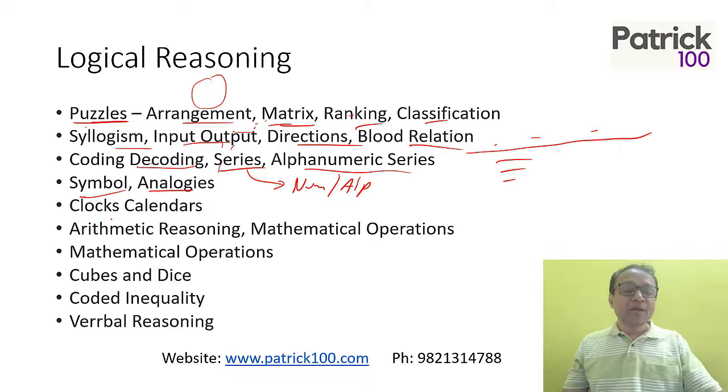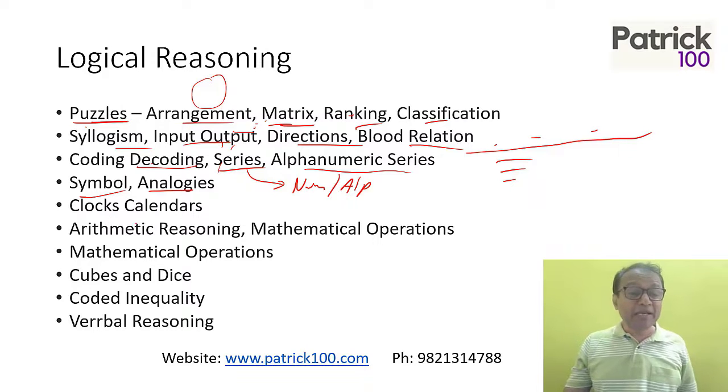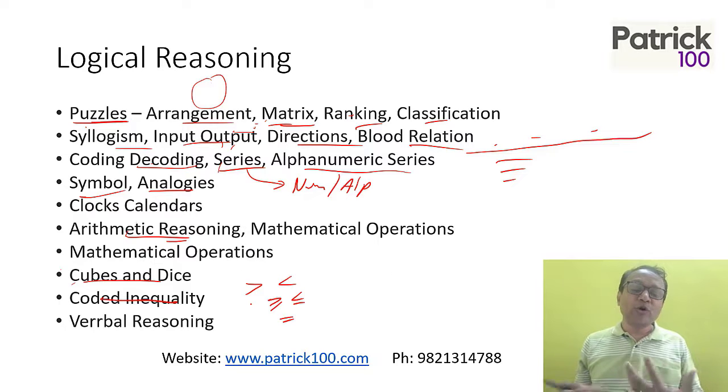You have calendars, clocks, arithmetic reasoning. These are mathematical operations based on numbers given to you, so you need to reason out and get the answer. Then cubes and dice, coded inequality. Inequality means less than, more than, less than or equal to, more than or equal to, with coding given to you. You need to work on that and get the answer. Again, a common type of CET question. And then there is verbal reasoning.